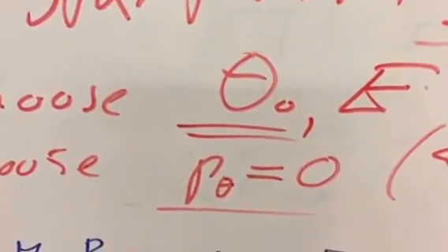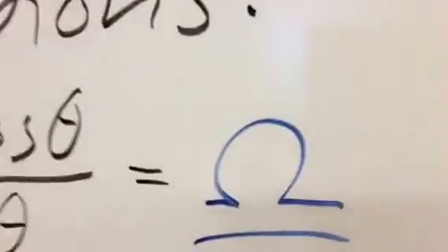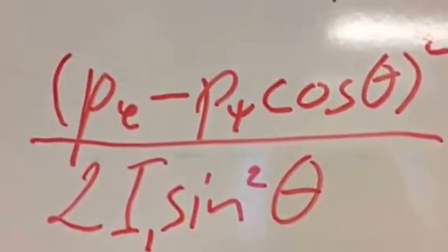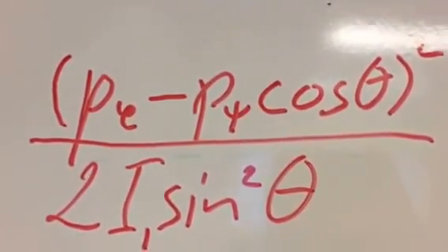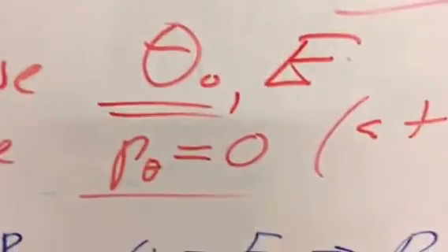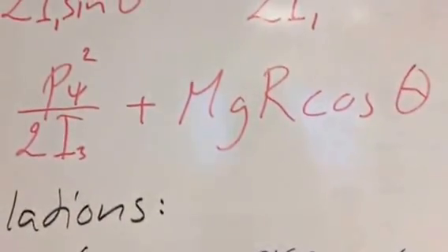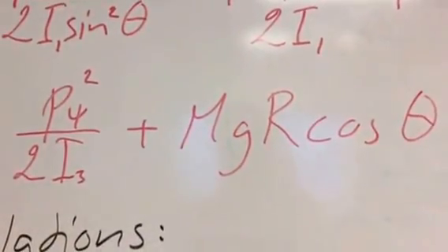So that means that if the angular velocity for precession is zero, this first term in the Hamiltonian is zero. If p theta equals zero, that means that this term is also zero. Then that leaves us with these two terms in the Hamiltonian.